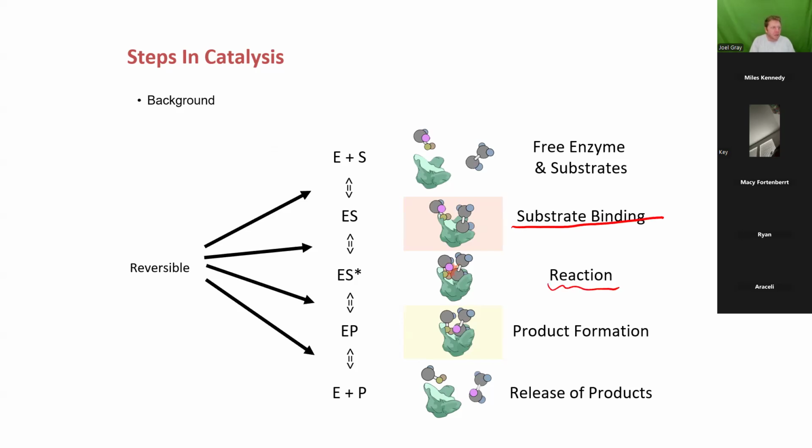Sometimes people like to just characterize this and write chemistry, essentially saying, hey, some chemistry went down, done. The last part, before our products are released, is where product formation has occurred. So: substrate binding, chemistry, product formation, release of the products.